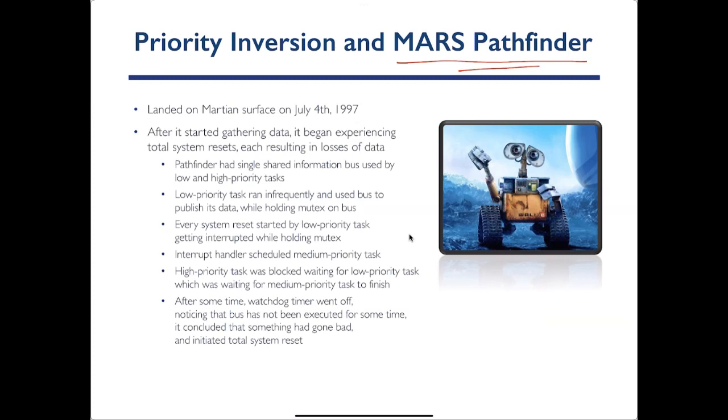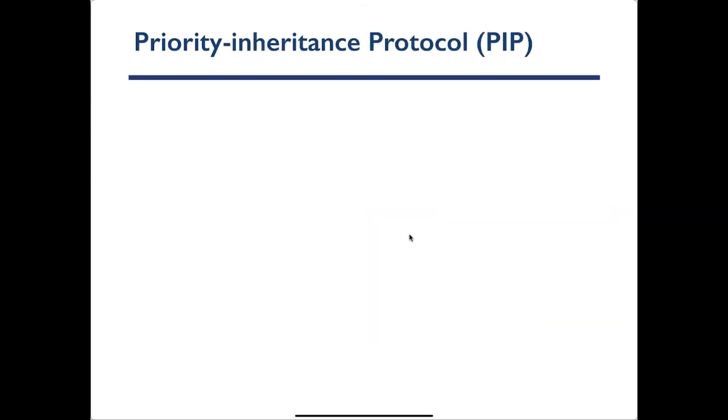A real case of priority inversion happened, and it led to a loss of data and a lot of trouble for NASA with their Pathfinder. So I'm going to jump over this as well. If you're interested, just look at the example in this slide. It explains what the problem was, but in essence, it was priority inversion causing the system to crash.